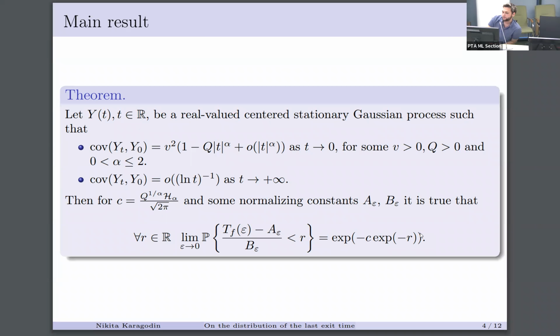While we see the conditions, I'd like to emphasize that they are quite basic, because when you have a Gaussian process, it is often just defined by its covariance function. And it's not that hard to check the assumptions on it, even if it's not given explicitly but just numerical, because you can find a numerical approximation of the covariance function.